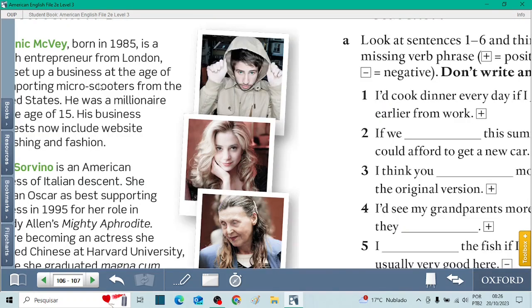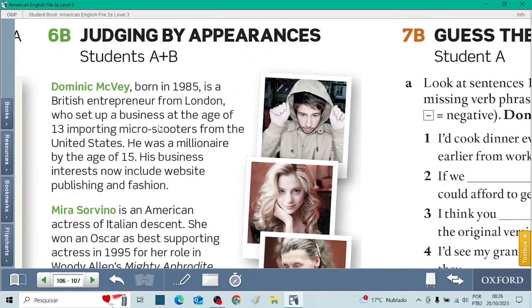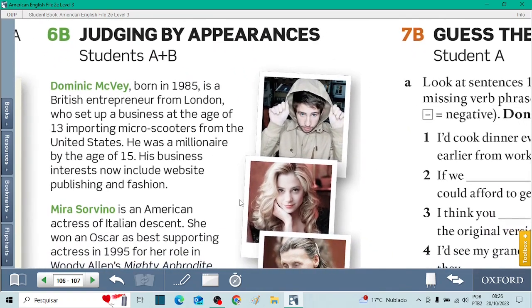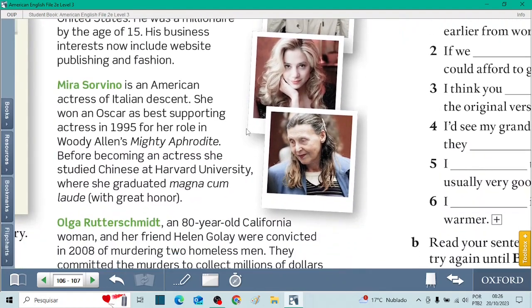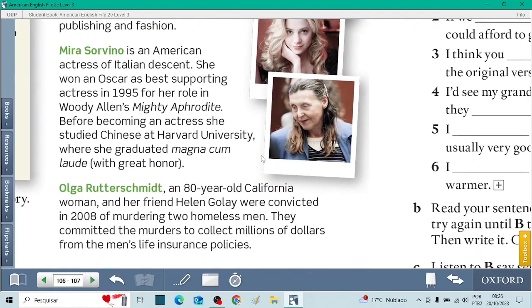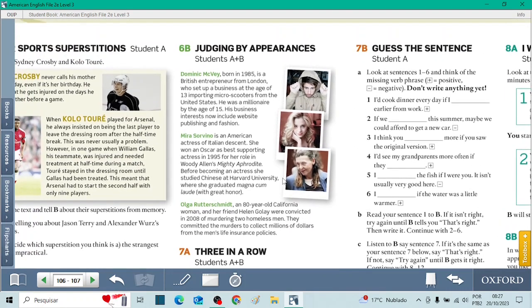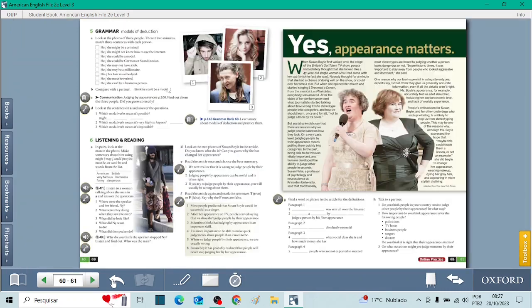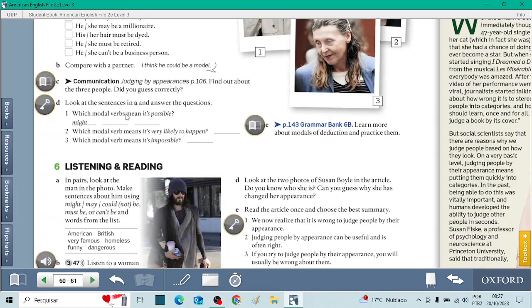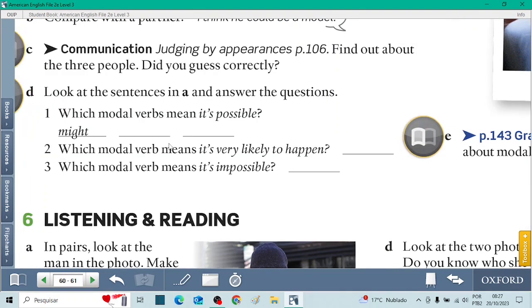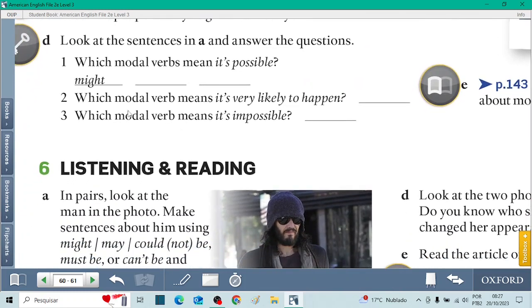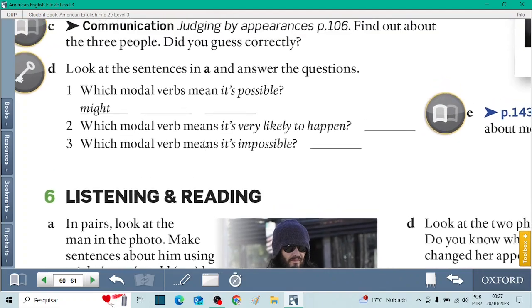So here you can read about Dominic, Mira, and Olga. Great. Were your guesses right? Let's get back. All right, so in letter D, look at the sentences in A and answer the questions.